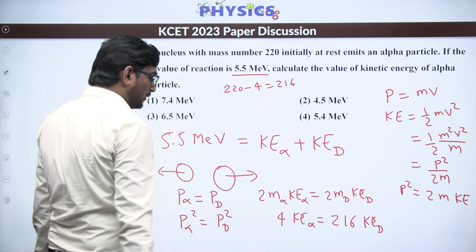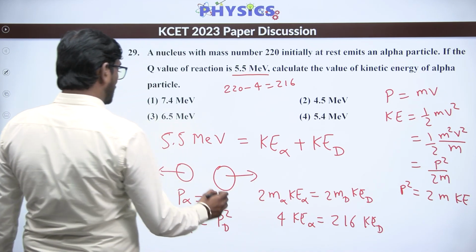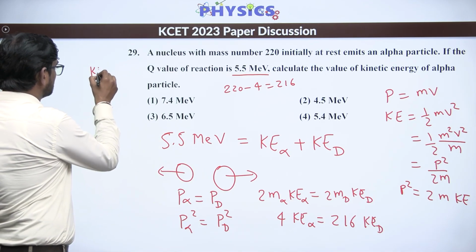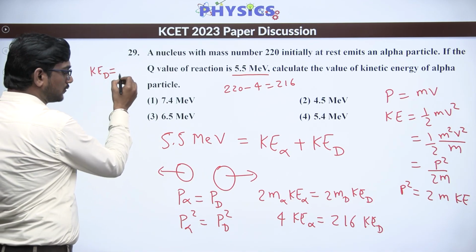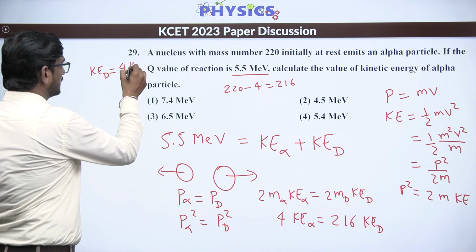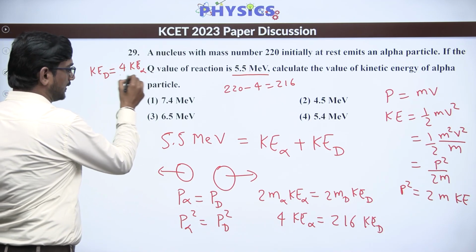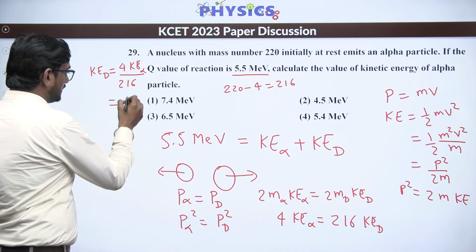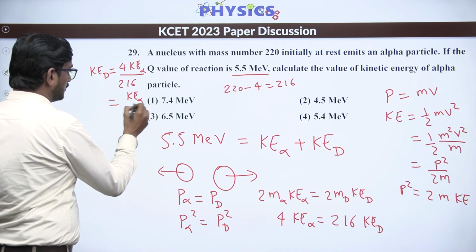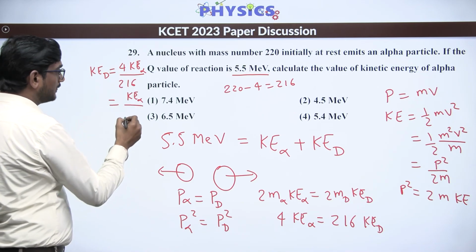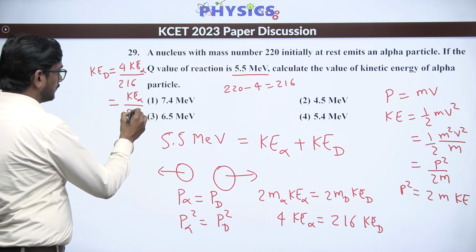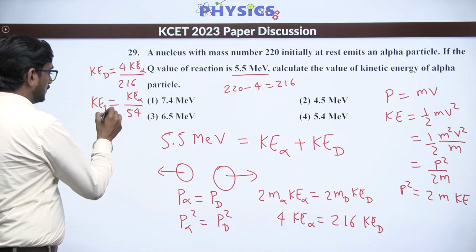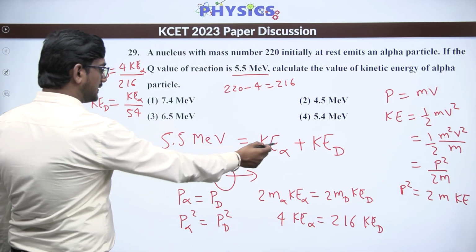So from here we get one relationship: the kinetic energy of the decayed particle will be equal to 4 times the kinetic energy of the alpha particle by 216, right? If you simplify it, it will come out to be 54. Now we can put this in the expression over here.